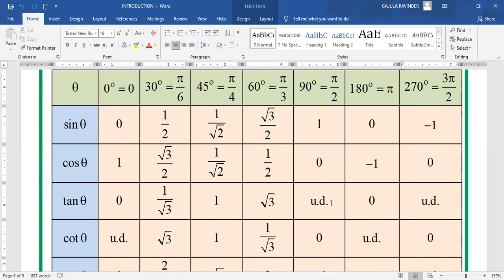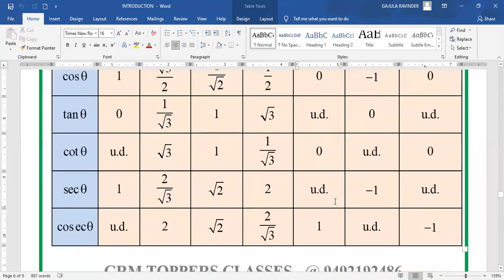That is: limit theta tends to 90 degrees, tan theta is infinite. But strictly, tan 90 degrees is undefined. So that is the difference between infinity and undefined. When we deal with the chapter on limits, we will be more clear about tan 90 and limit theta tends to 90, tan theta. These two are a little different, so we can discuss that in the chapter on limits.